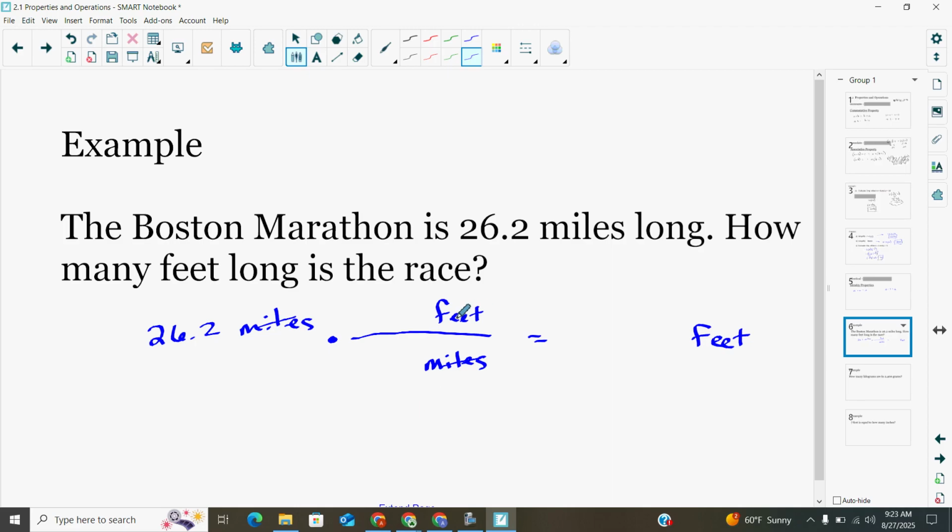And then we need to think through, how do feet and miles relate to each other? Well, there are 5,280 feet in 1 mile. So now miles divided by miles cancels here. Now I'm just multiplying fractions. 26.2 times 5,280.